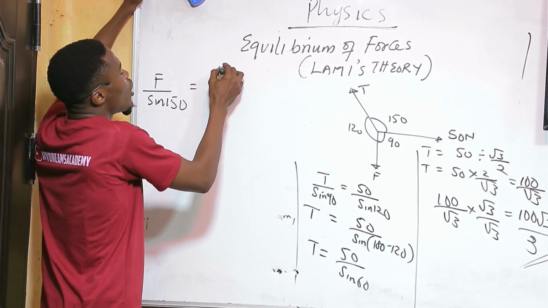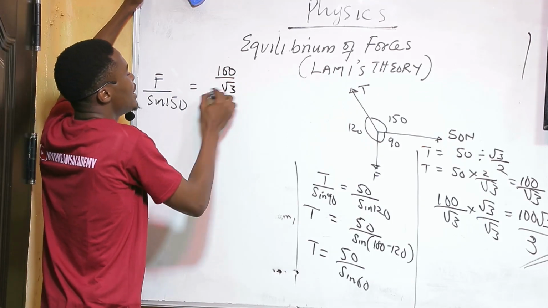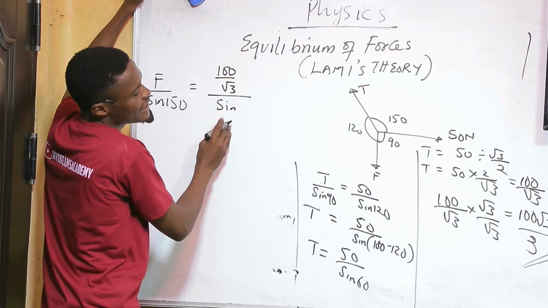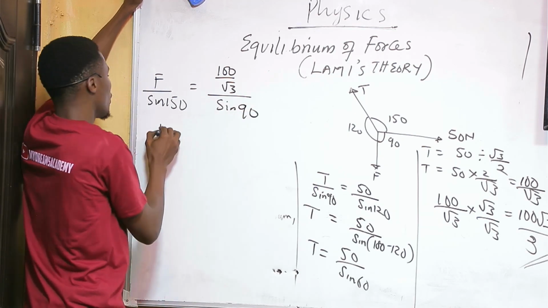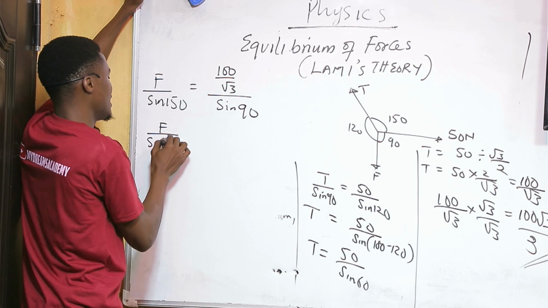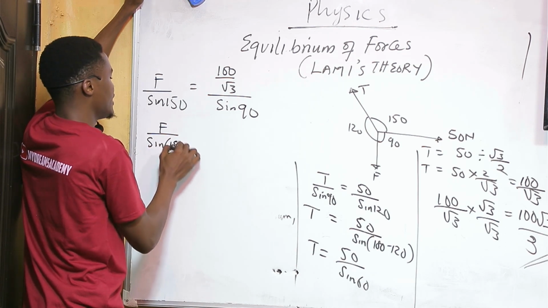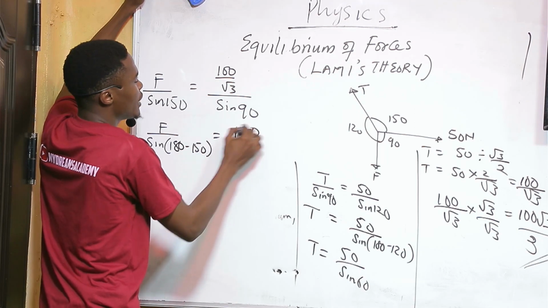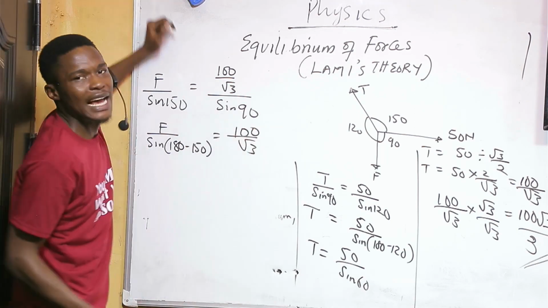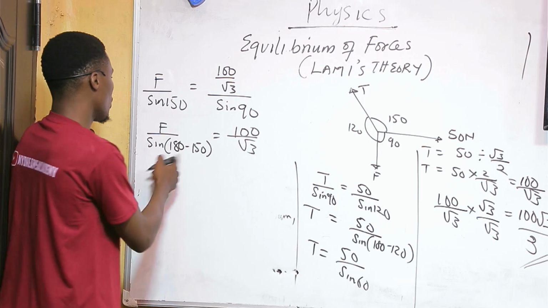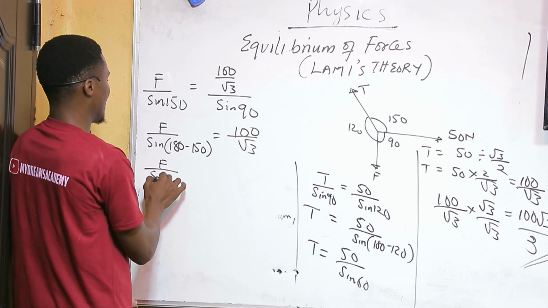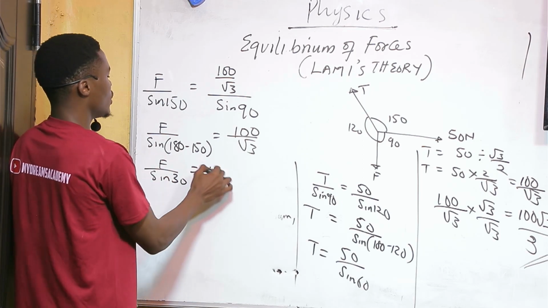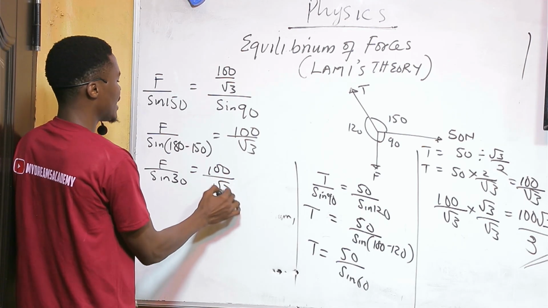So T, 100 over root 3 divided by sine 90. Okay, so F over sine of 180 minus 150 is equal to 100 over root 3, because sine 90 is 1. So this will give me F over sine 30 equal to 100 over root 3.